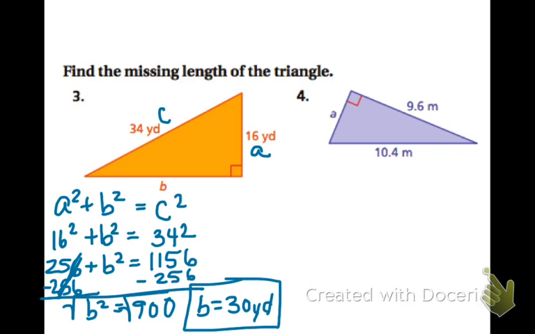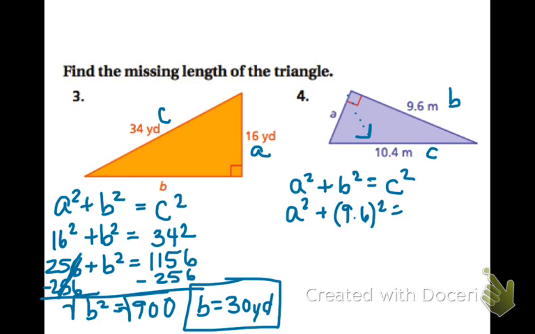Okay? So again, if you need to label on number 4, the missing side, so that you make sure to put the numbers in the right place. Always look to find c as opposite of that right angle. So a squared plus b squared equals c squared. We don't know a. 9.6 squared is equal to 10.4 squared.